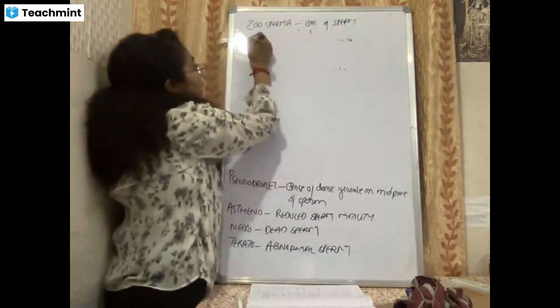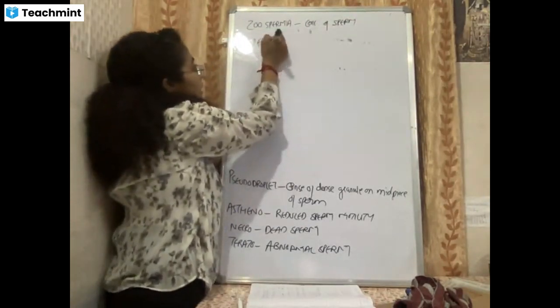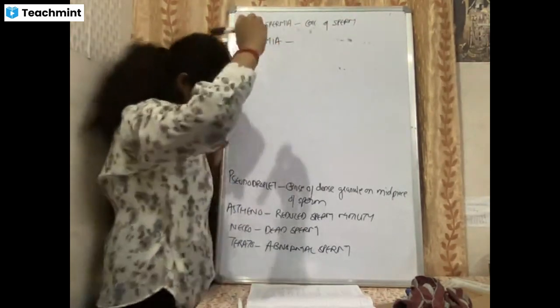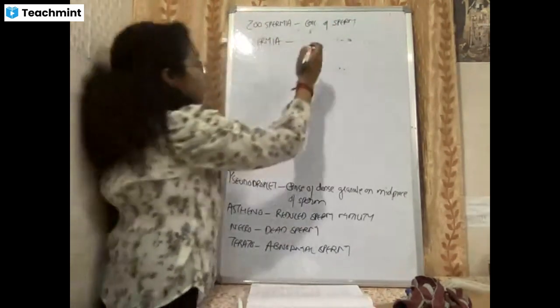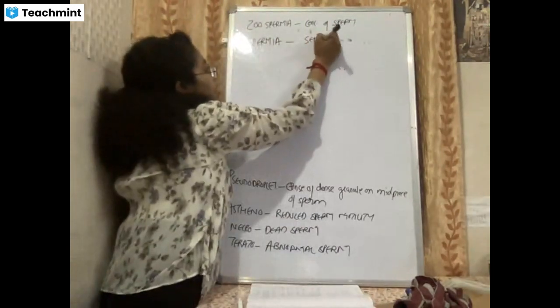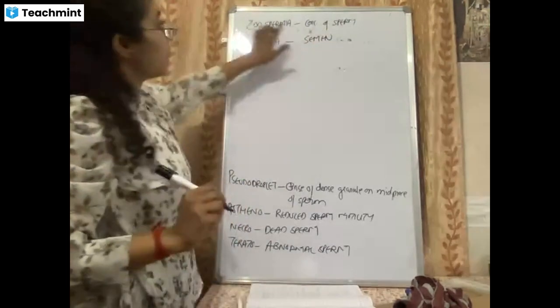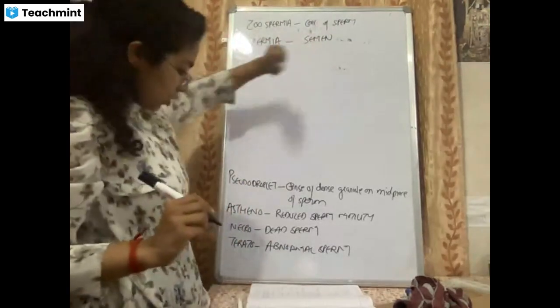Spermia is only for the semen. So zoospermia means sperm and spermia means semen.